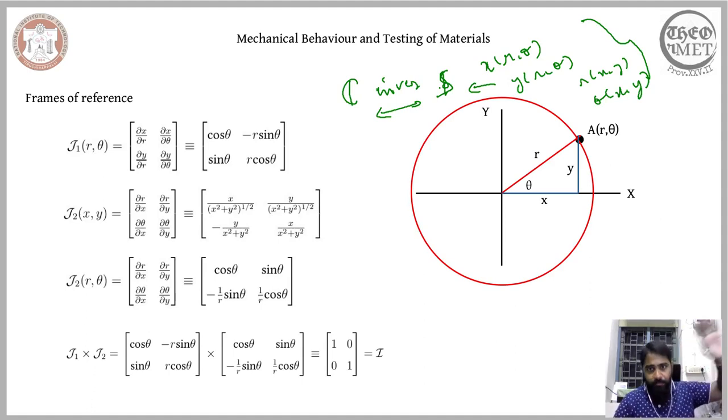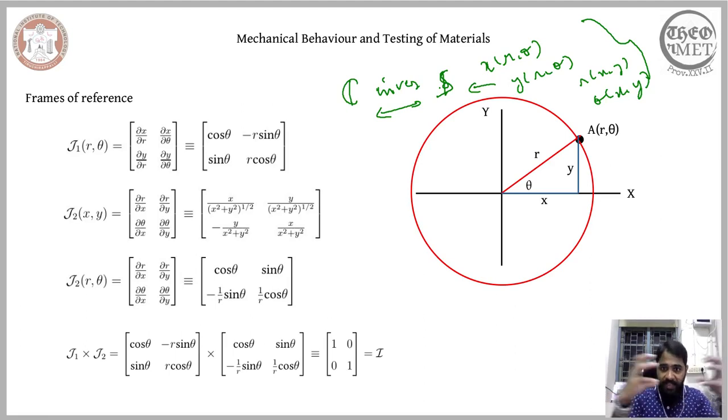So we already proved that these two are inverse of one another, and we considered the Jacobian of these two coordinate systems, and the product of these two Jacobians gave us this identity matrix. What it essentially means is that when our coordinate systems are inverse of one another, the product of their Jacobians is going to be the identity matrix.